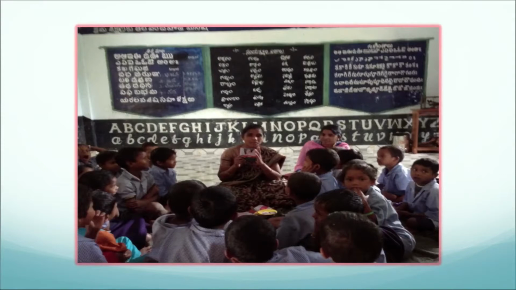At the back, you can see 3 charts of alphabets, which really is giving recognition to the child's language. And the child is feeling that, oh, I also am important. And that is how diversity and differences become very significant in understanding what it does to children.